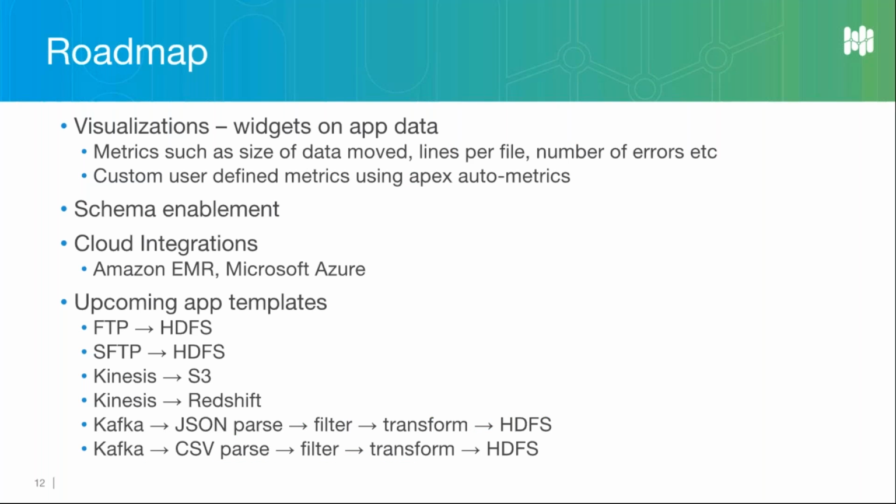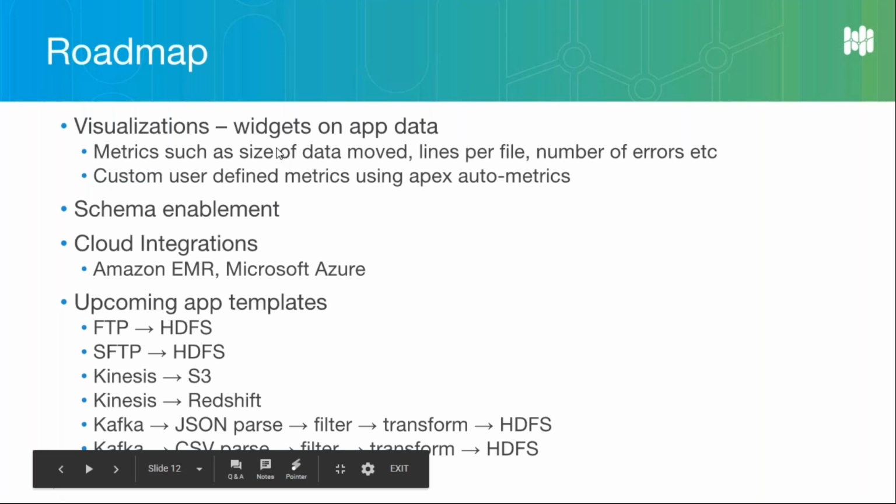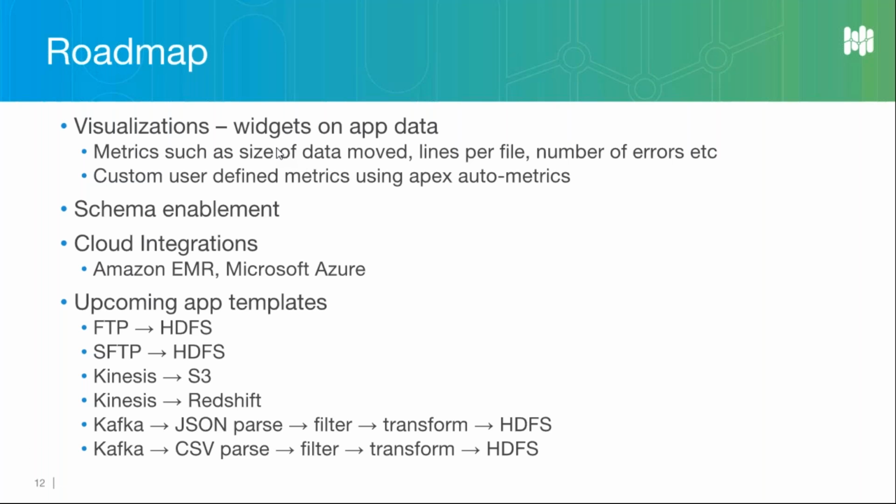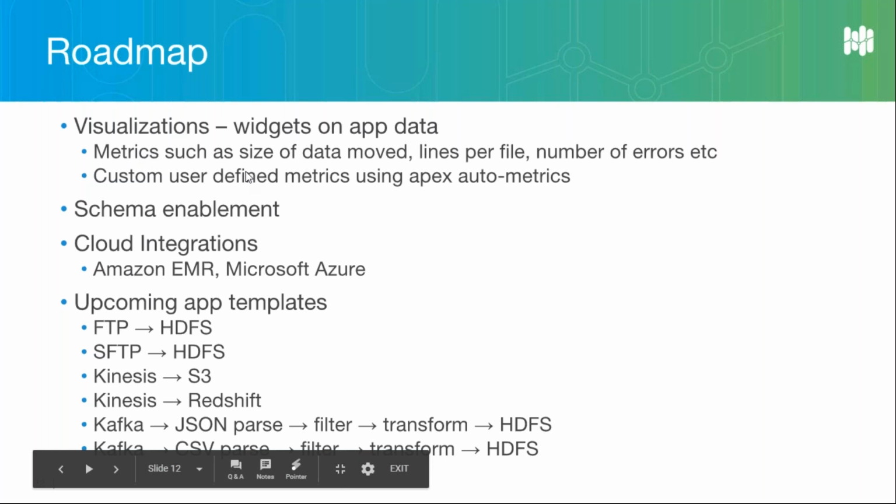Before the questions, let me move on. There are some visualization widgets, as I already mentioned. You can see the metrics of, let's say, lines per file completed and number of errors. You can see application-level aggregated metrics also, such as what percentage is completed.